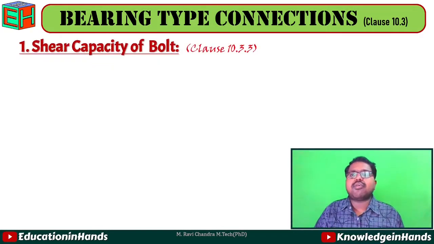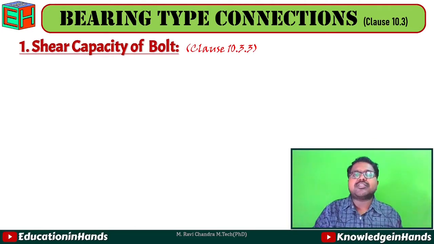So the first one is shear capacity of the bolt. As per clause 10.3.3, keep your book IS 800 along with you so that you can easily understand where these clauses are available in the code book.